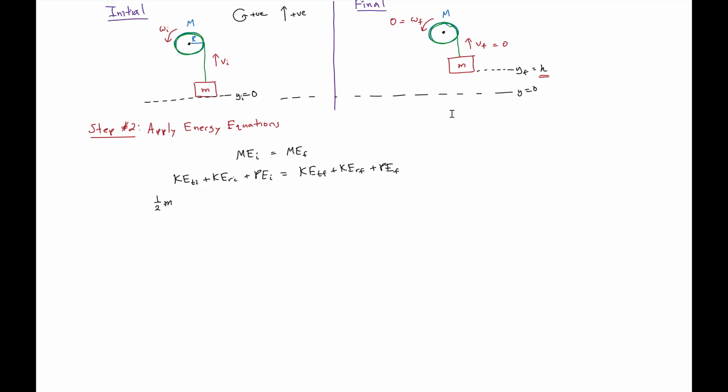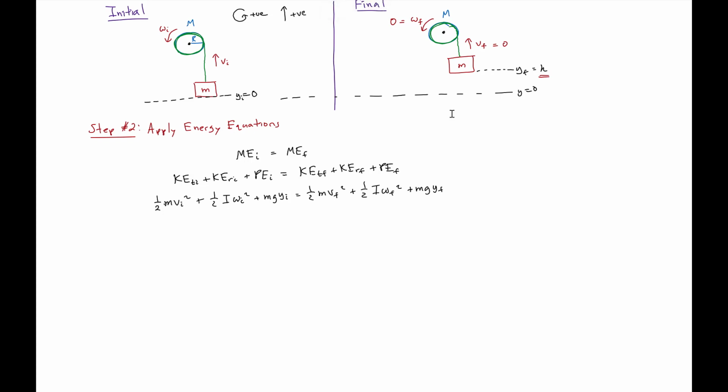Translational kinetic energy is 1/2 m vi squared. Rotational kinetic energy is 1/2 I omega i squared, plus mg hi, or yi, equals 1/2 m vf squared plus 1/2 I omega f squared plus mg yf.